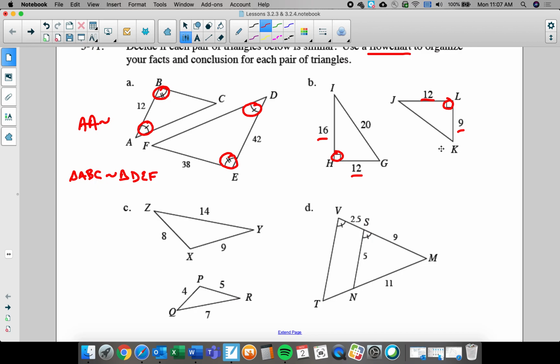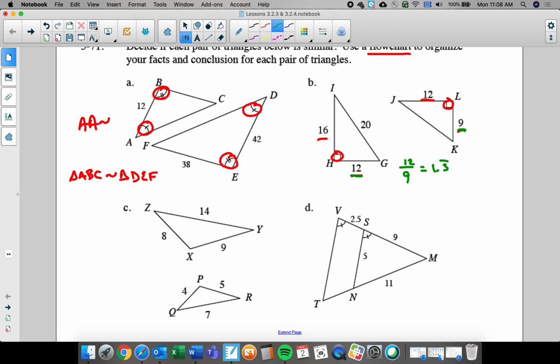As we try to match things up, the 12 from the first triangle is the shortest side length, therefore it's got to match up with the 9 from the second triangle. The 16 and the 12 will go together. So those are the ratios I need to check. 12 divided by 9 is 1.3 repeating.